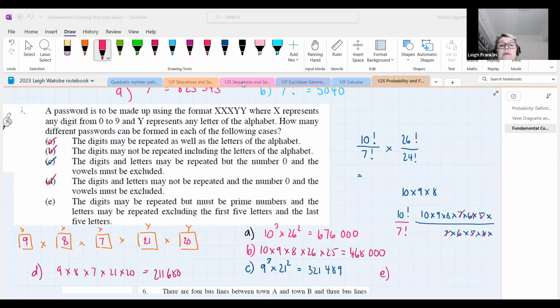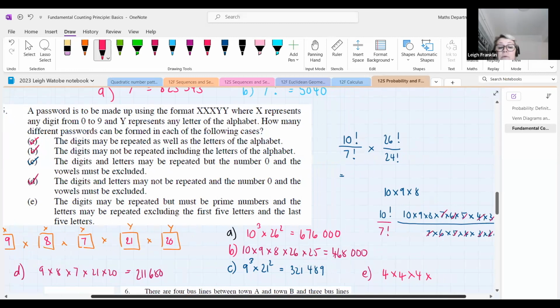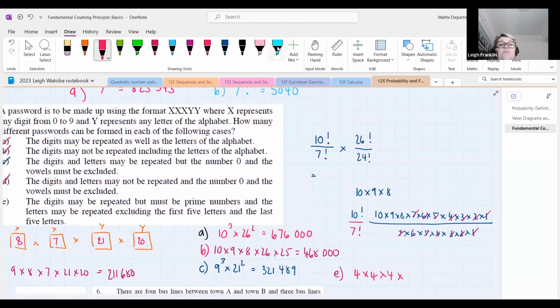Nkuniza's got the answer already. Nkuniza, you speedy there. Okay, so there are 4 ways in which we can fill the first block. So the digits may be repeated, but they have to be prime. So it would be 4 by 4 by 4, and we're excluding the first 5 letters and the last 5 letters. So how many letters are available for the blocks where the letters go? 16, indeed, Masejo.